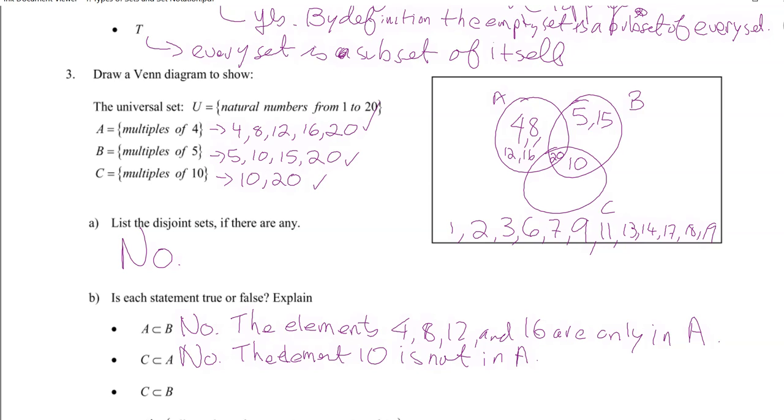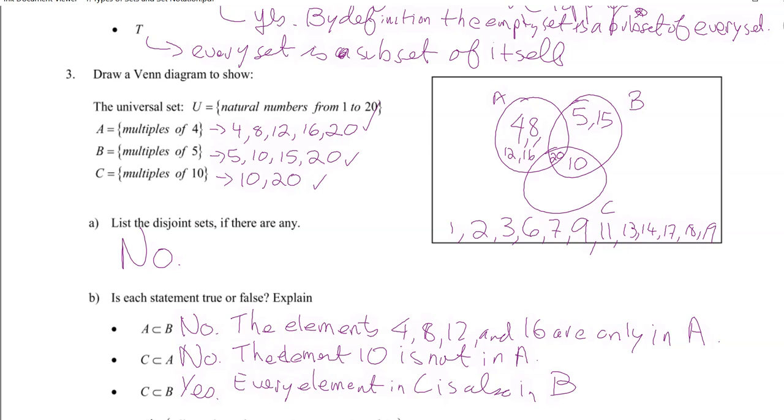Is C a subset of B? Yes. Everything that is inside C is also inside B. Every element in C is also in B. They're basically multiples of 10, right? Every multiple of 10 is a multiple of 5. 5, 10, 15, 20, 25, 30, 35, 40.